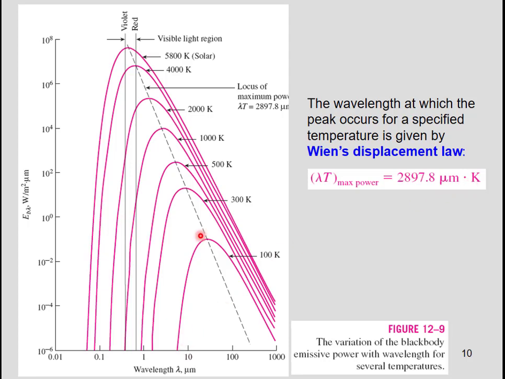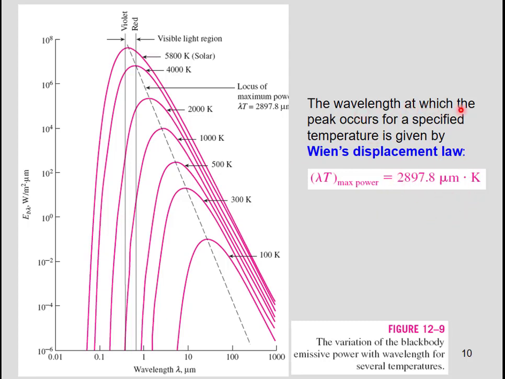As you can see here, if you multiply the temperature, 100 Kelvin, by its wavelength for the maximum value, we will find this value.